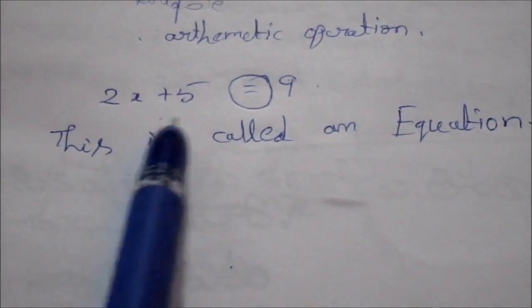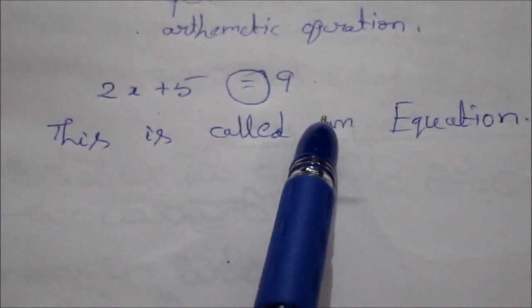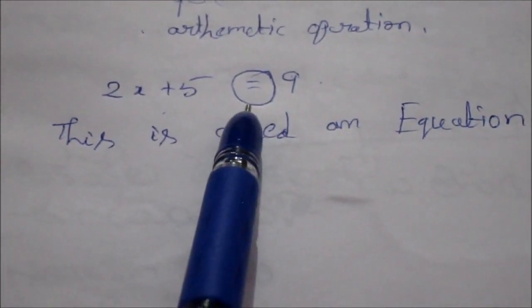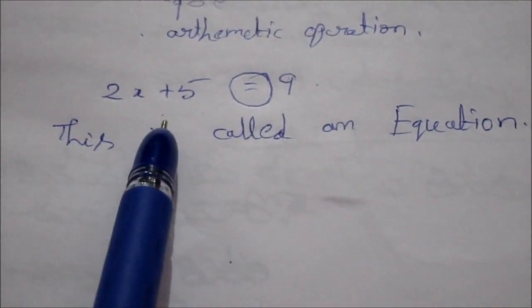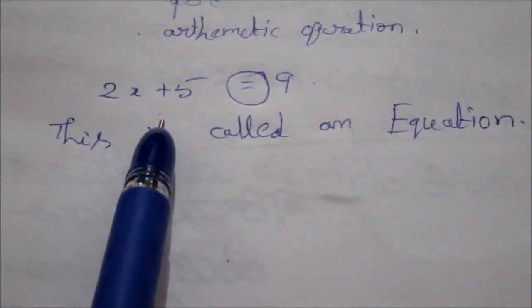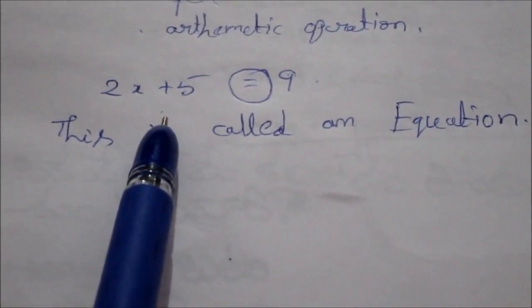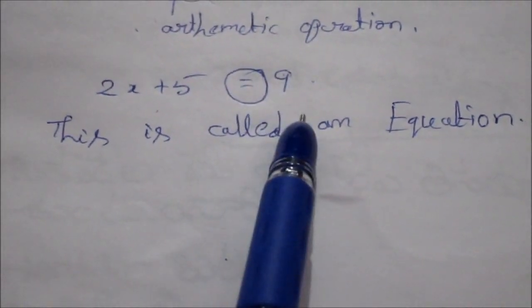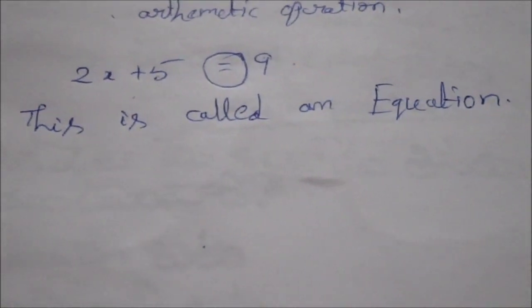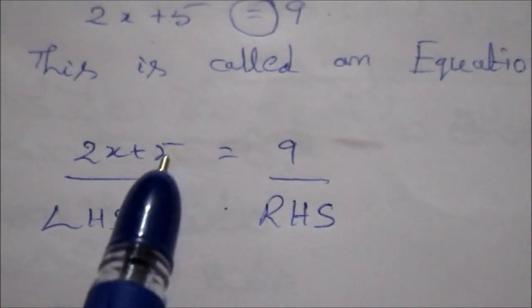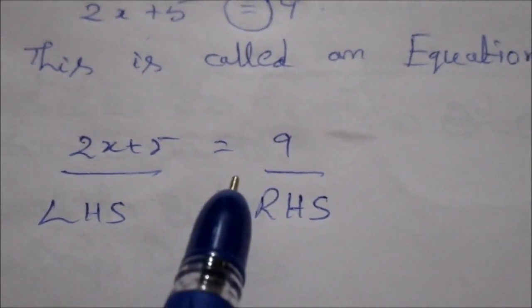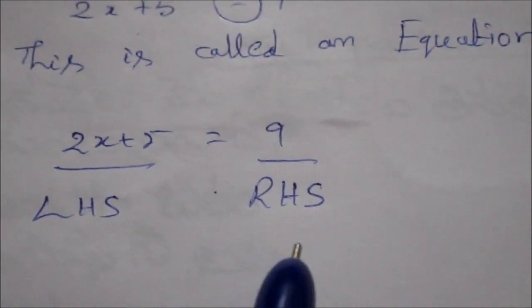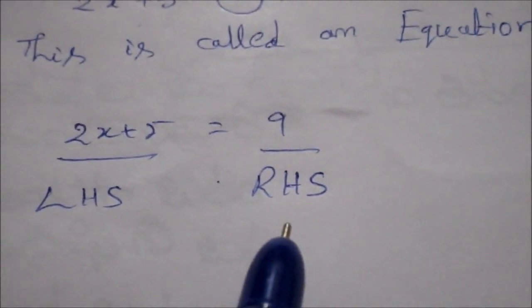The left hand side of the equality symbol is called the left hand side of the equation, and the right hand side of the equality symbol is called the right hand side of the equation. 2x plus 5 is on the left hand side of equal to, that's why this is called LHS, and 9 is on the right hand side, that's why this is called RHS.